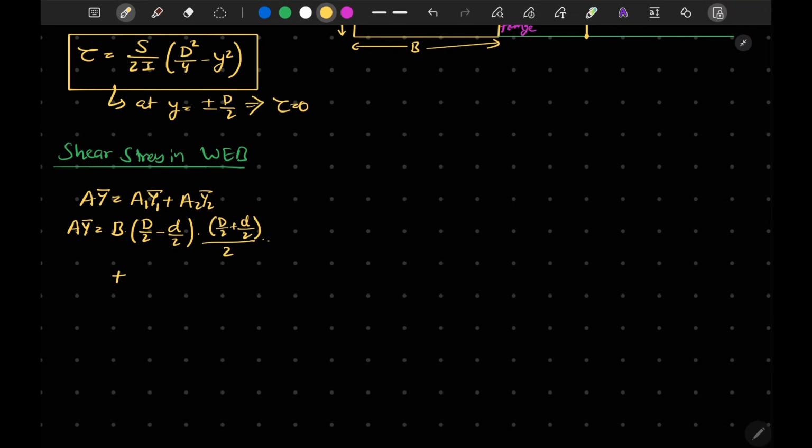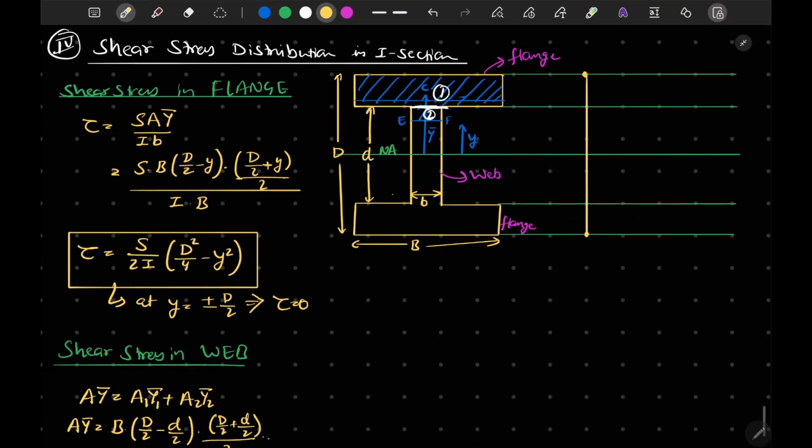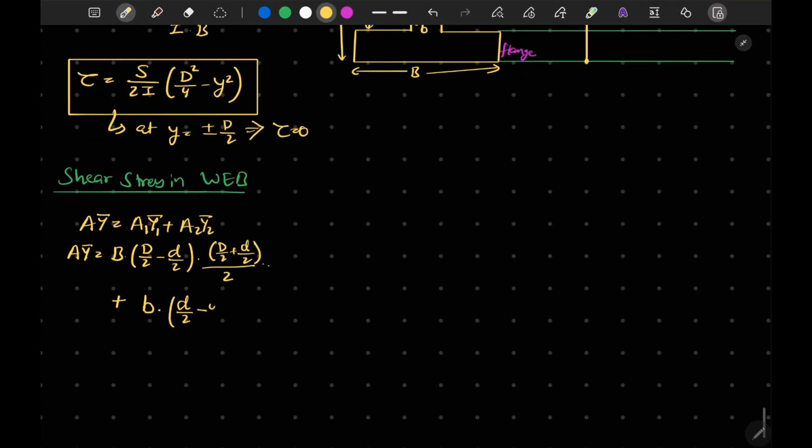Plus A2, where the width is b and the depth is d by 2 minus y. Similarly, y2 bar will be d by 2 plus y divided by 2.